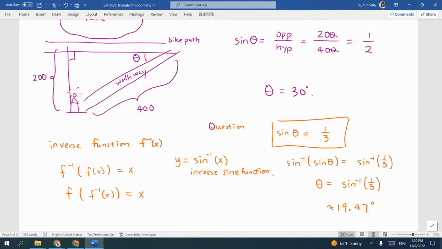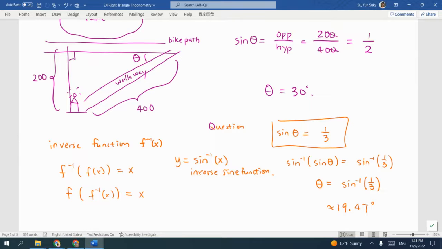Okay, everybody? So in general, you might not have a nice number like 1/2. This is a special angle value. For other numbers, you use the inverse sine. Similarly, you have inverse cosine and inverse tangent. So there are arcsine, arccosine, and arctangent.